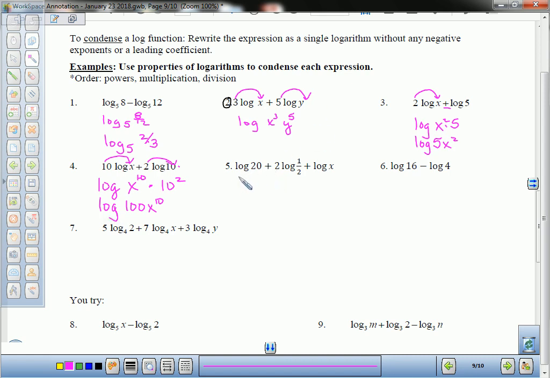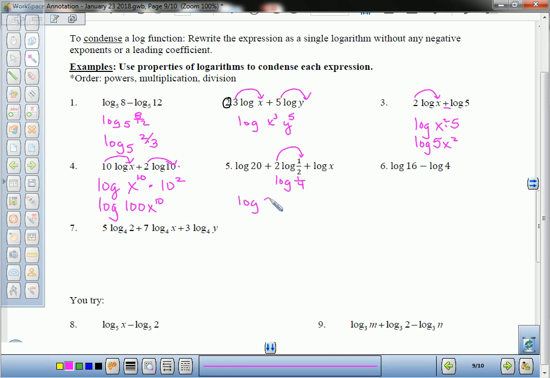Okay, number 5. We've got a power right here, which creates log of 1/2 squared. And when we square 1/2, we get 1/4, don't we? When you square 1/2, you get a 4th. So now we're doing 20 times a 4th times x.